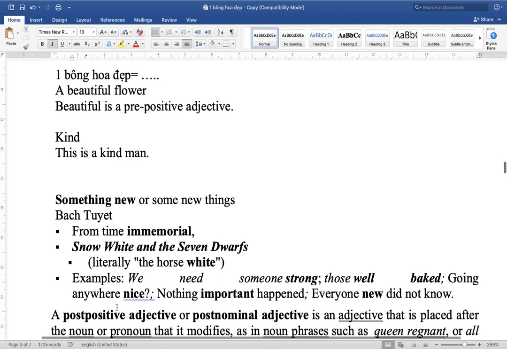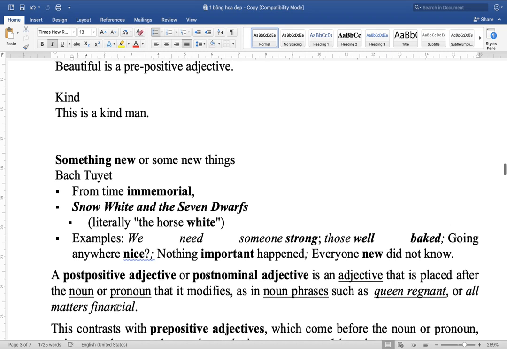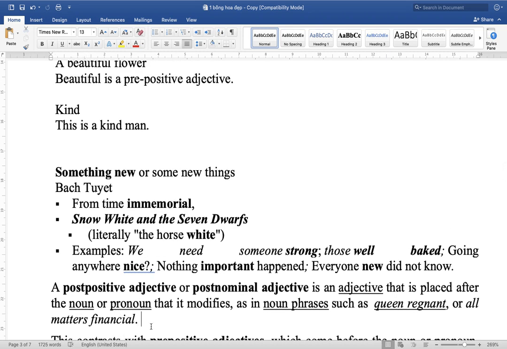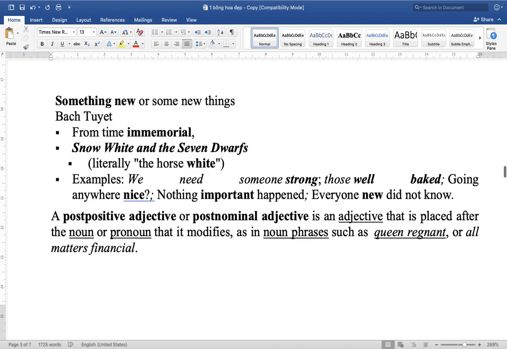Okay. Now, so some ways that you can use adjective after the noun. For example, we had the queen pregnant, not "pregnant queen." So the queen pregnant, hoàng hậu đang mang thai. Okay. Or "on matters financial."